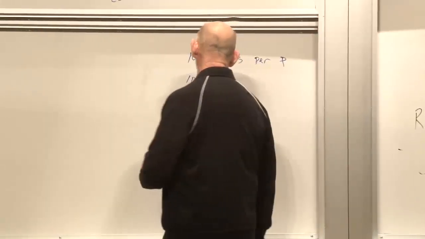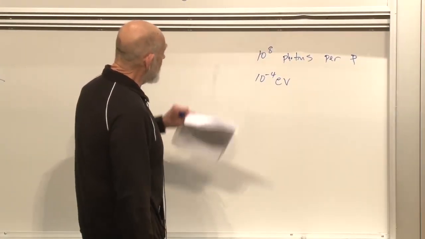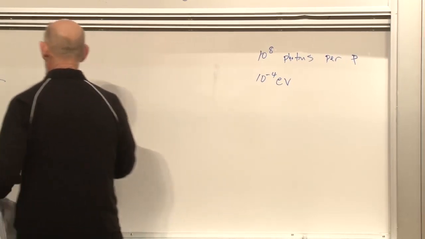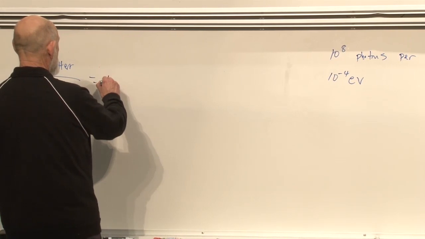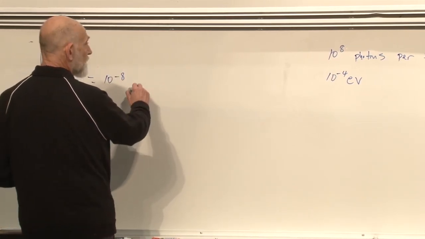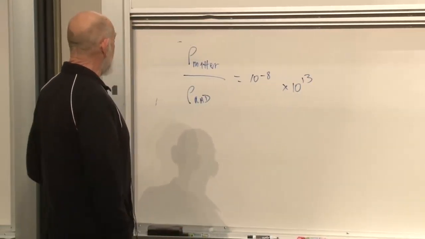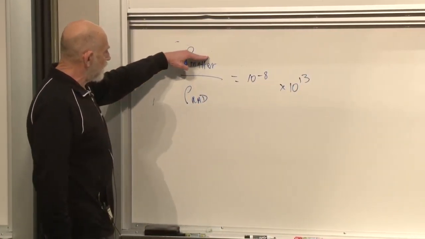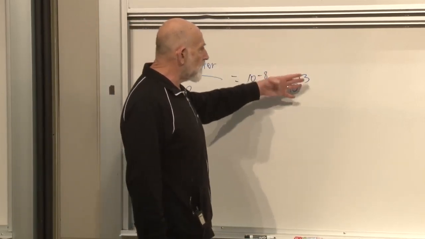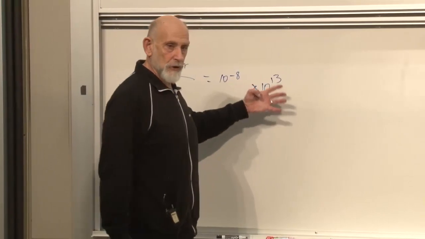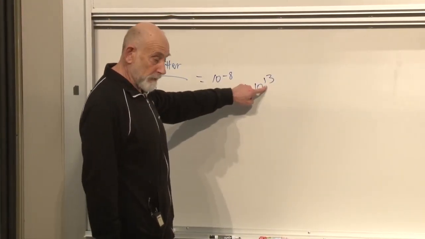So there's a factor of 10 to the -8th times, I guess, 10 to the 13th. 10 to the -8th is the ratio of the number of protons to the number of photons, and then 10 to the 13th is the ratio of the energy per proton to the energy per photon.